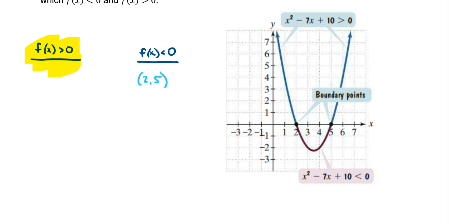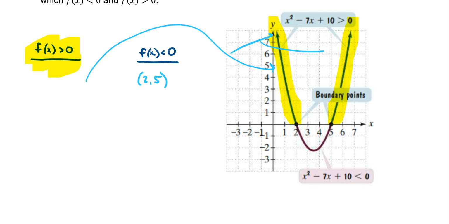And then for the one on the left here, f of x greater than 0, we know a function is greater than 0 when the graph is above the x-axis. So looking at these two highlighted regions over here, since we have arrows going to the left and going to the right, we know these are going to involve infinity or negative infinity.